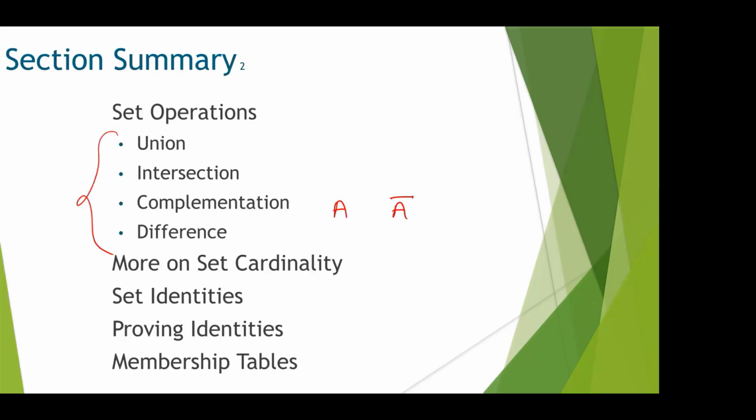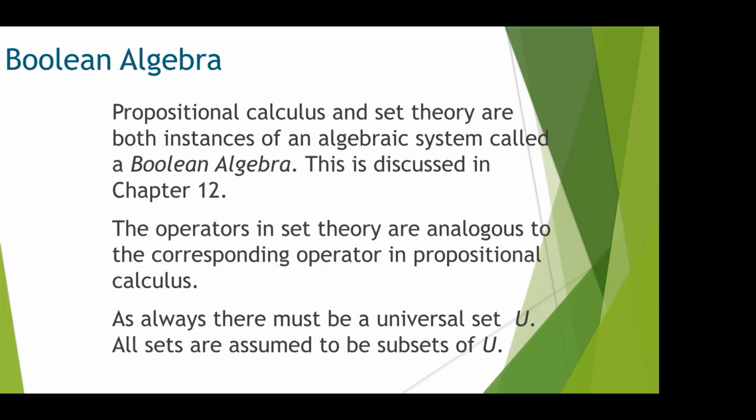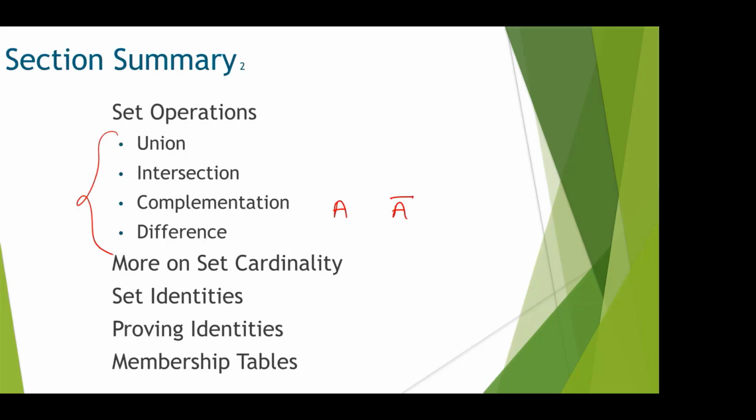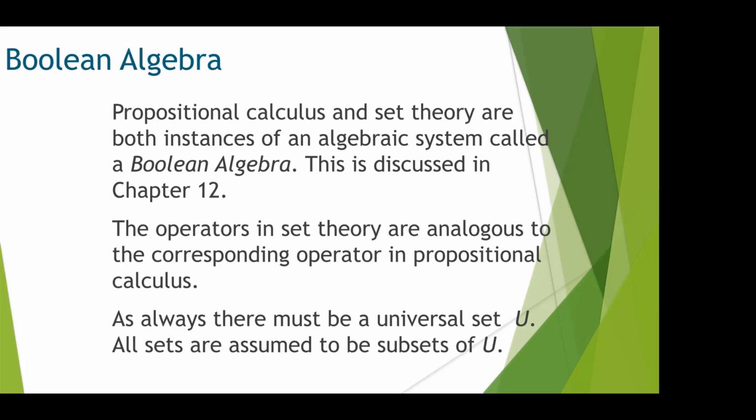After this we are going to talk about some set identities also. And after set theory, we are going to see propositional calculus. That is, if you have some statements, how you are going to convert them into propositional calculus. And similarly, we are also going to see the truth tables in Boolean algebra.